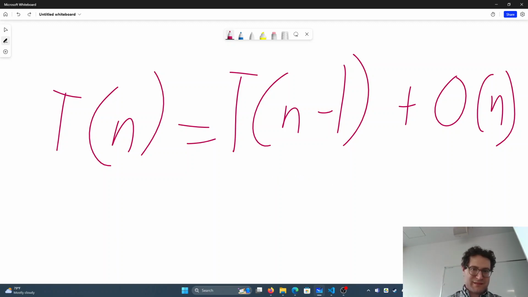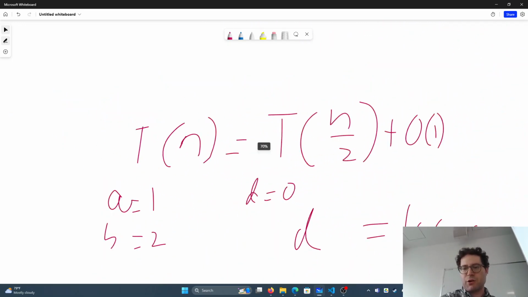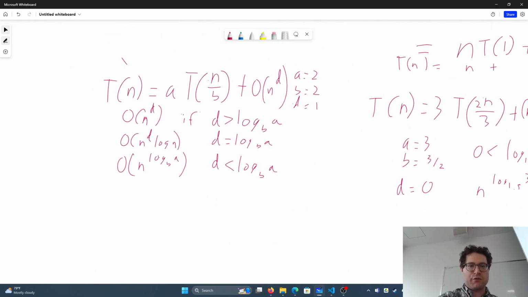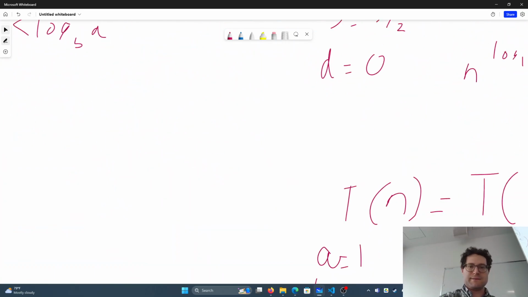So for here, this kind of breaks down, and I believe you would have to use the other formula, because this is not divide and conquer. The recurrence relation, this rule that we're using, is great because it works for our divide and conquer algorithms, because this is what divide and conquer looks like.